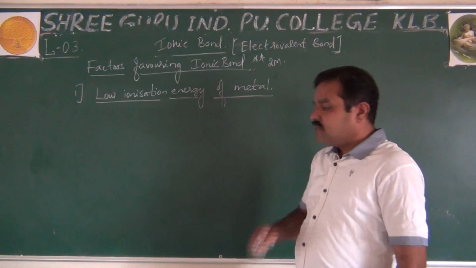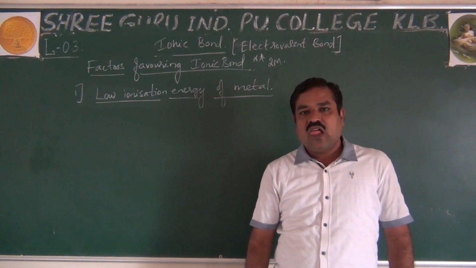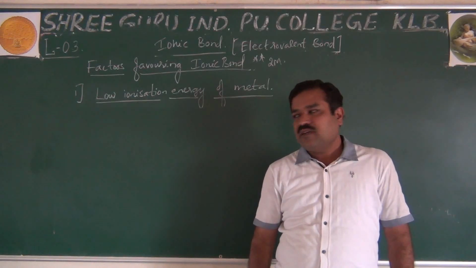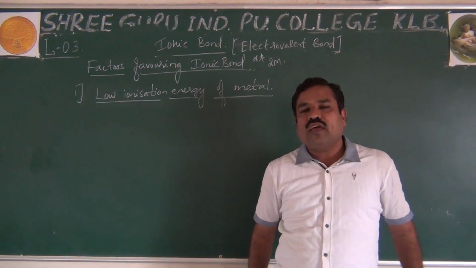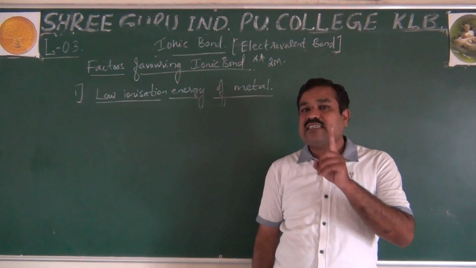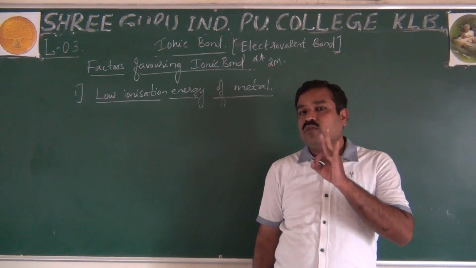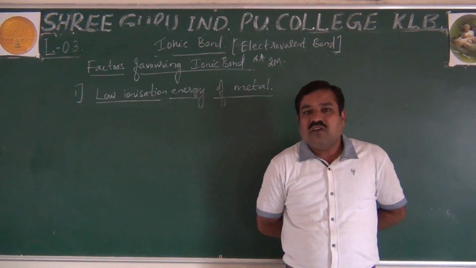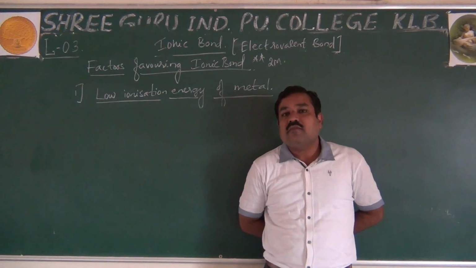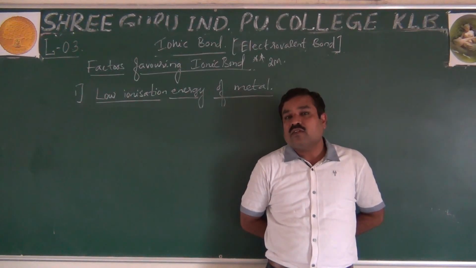Now, in the periodicity of elements, you already studied ionization energy. What is ionization energy? Ionization energy is the energy required to remove an electron from an isolated gaseous atom. Remember, isolated gaseous atom, because you cannot remove an electron directly from a solid atom. First, you should convert the solid atom into a gaseous atom. Then only you can remove the electron from the isolated gaseous atom.